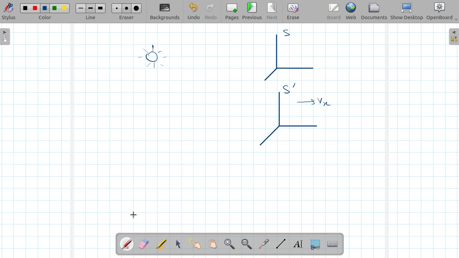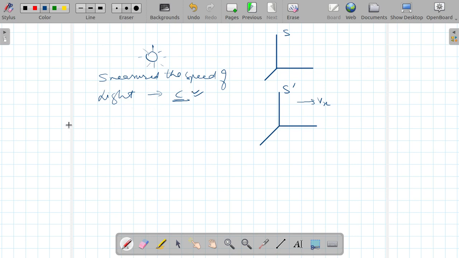So now when S measures the speed of light, then it seems to be c.